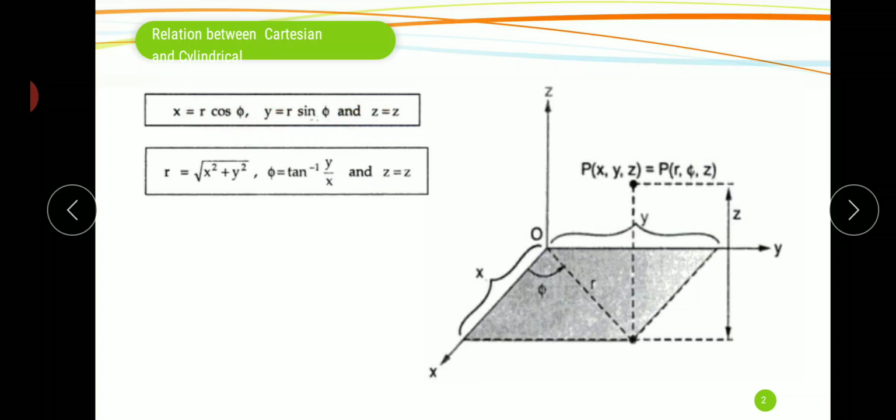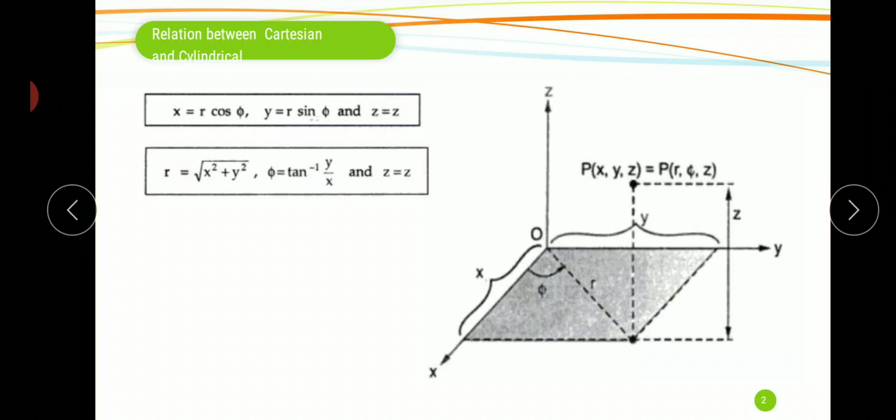When you know the values of r and phi, substitute them into these equations, and we get the values of x, y, z. That means if you have the values in the cylindrical system, then by substituting them in this formula, we get the values of the Cartesian coordinate system.